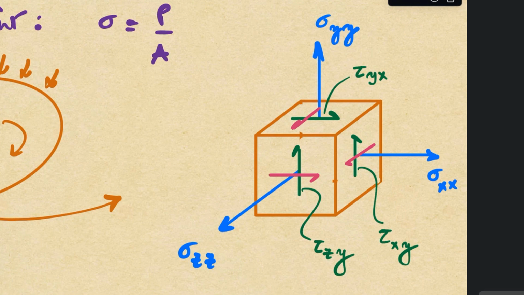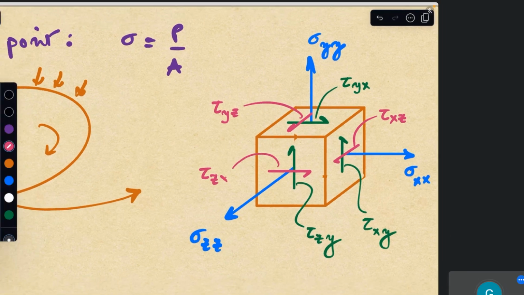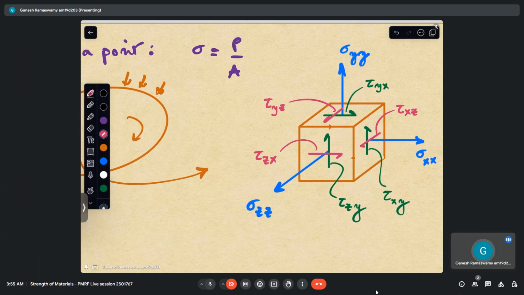This will be tau acting on the x face in the z direction. This is tau acting on the y face in the z direction, and this one is tau acting on the z face in the x direction, and so on. So we have labeled it for the positive faces.